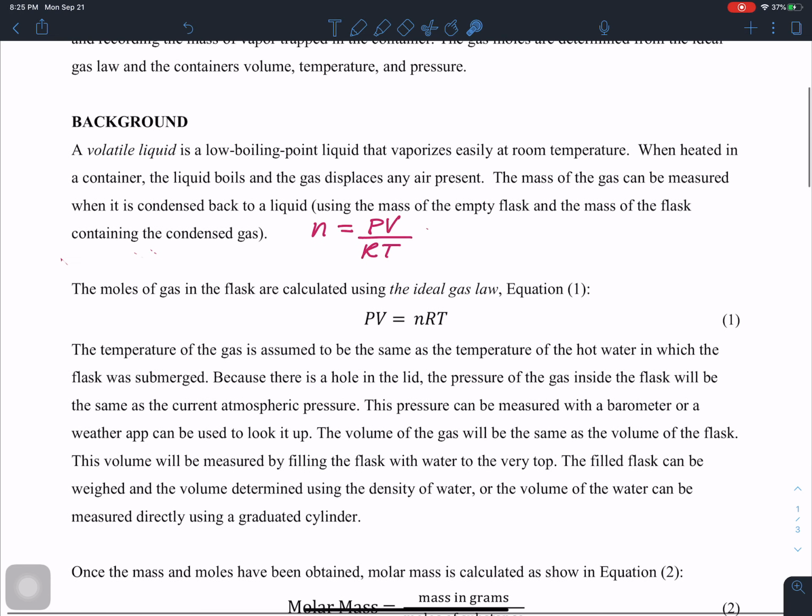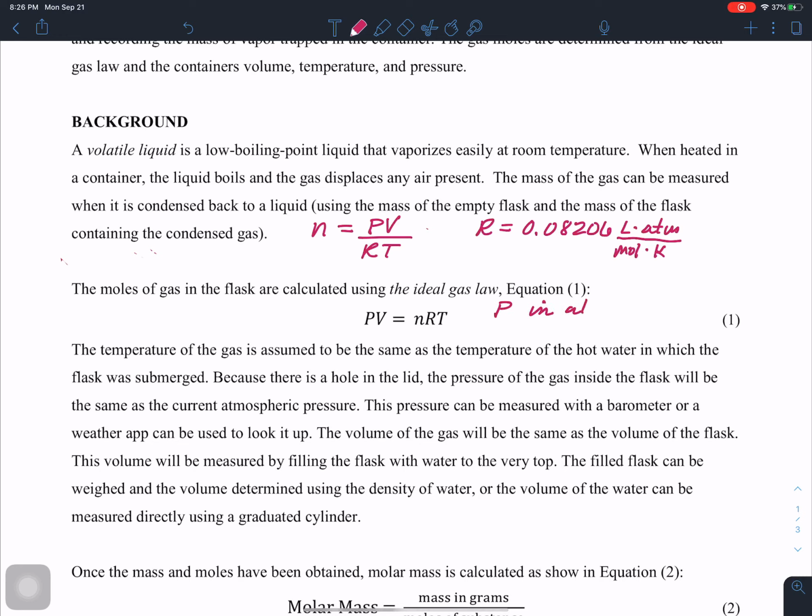Something I forgot to mention about the ideal gas law. Remember that the ideal gas constant, R, is equal to 0.08206 with those kind of messy units, liter atmospheres over mole Kelvin. And so to calculate and end up with an amount in moles, the pressure needs to be in atmospheres.